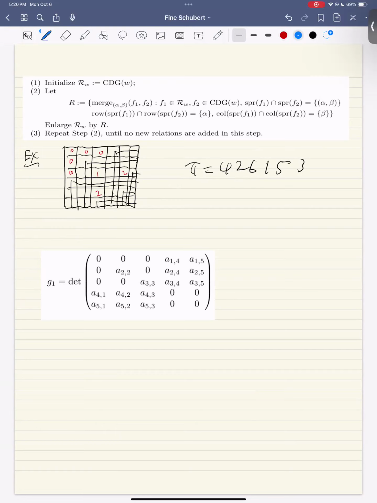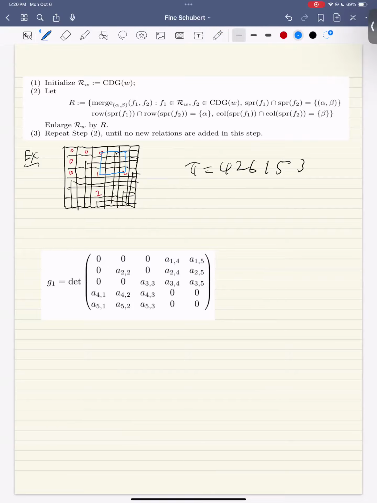So I can take the CDG generator corresponding to this 3x3 minor. What that means is you take this 3x3 matrix, you set this coordinate equal to 0, and then you take the determinant.